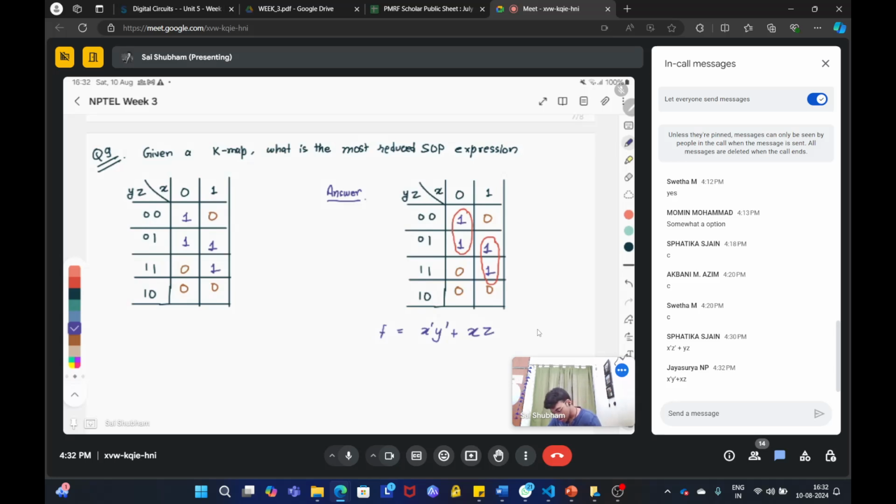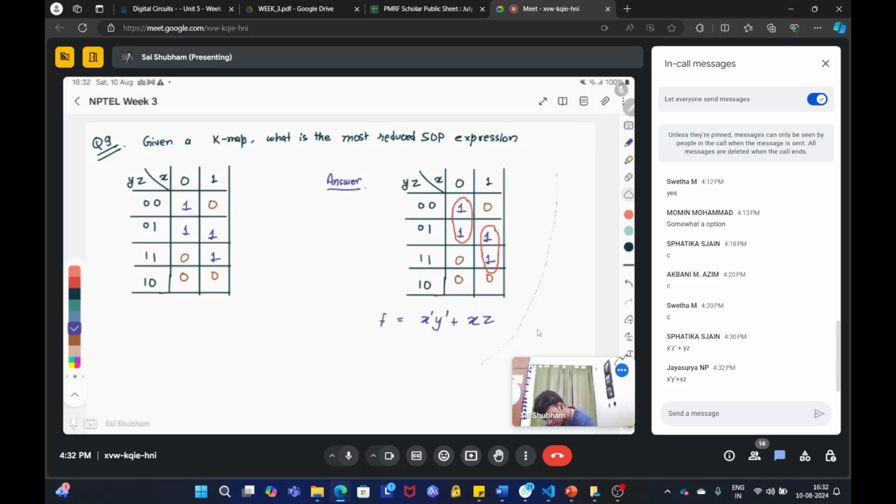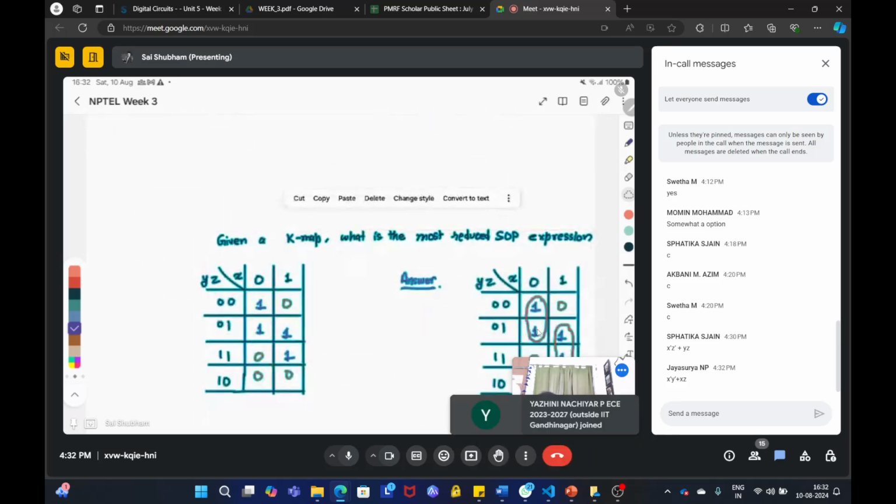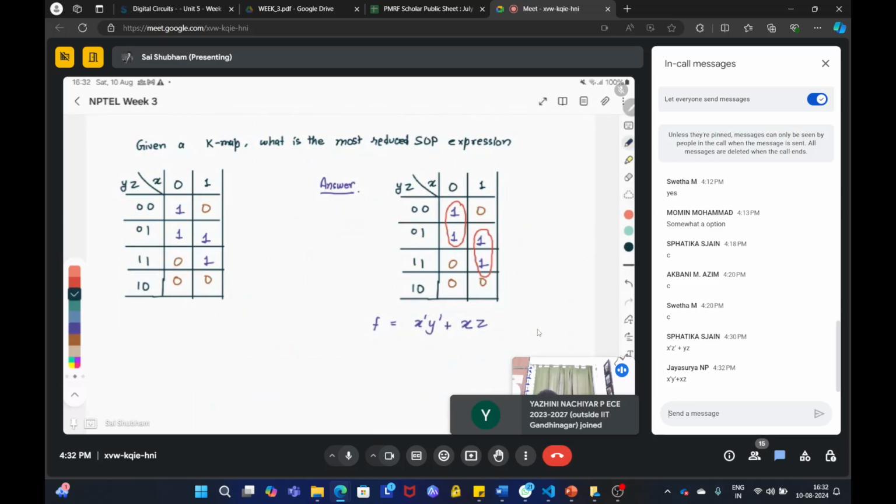Now I repeat the same question, but this time the only thing that is different is: what is the most reduced SOP expression without hazard? Are you aware about hazard? Because this is very important.